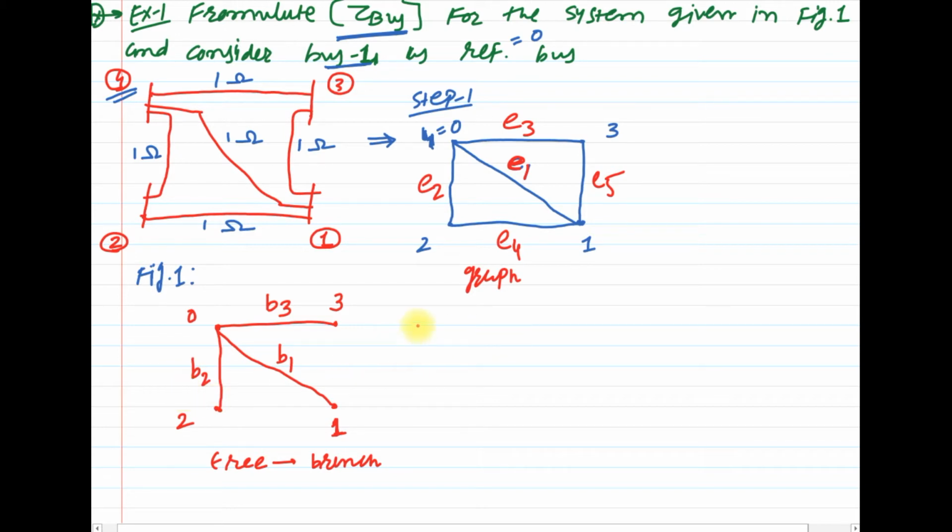Now next we will draw the co-tree from this graph, or I can say the subgraph which remains after the tree, which is known as co-tree. Clear? So same way, just give the numbers.